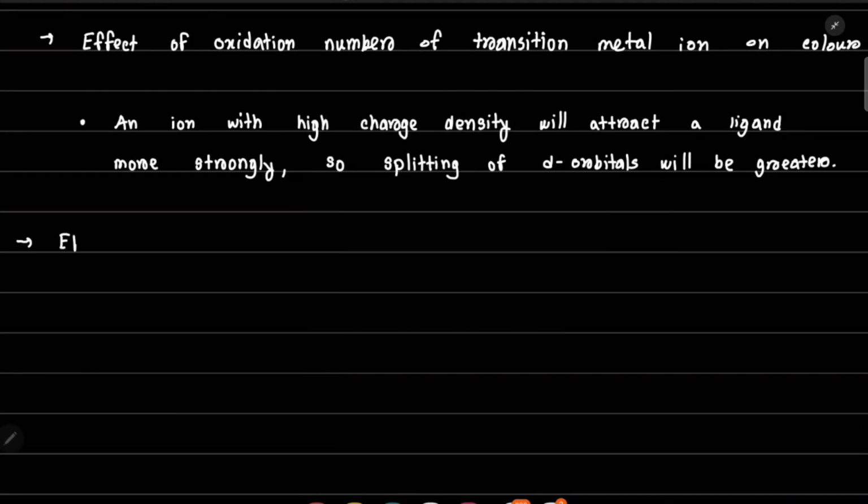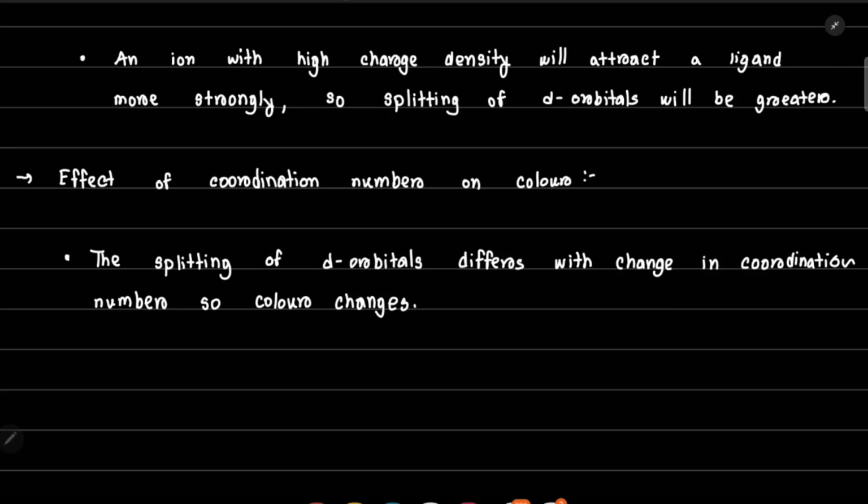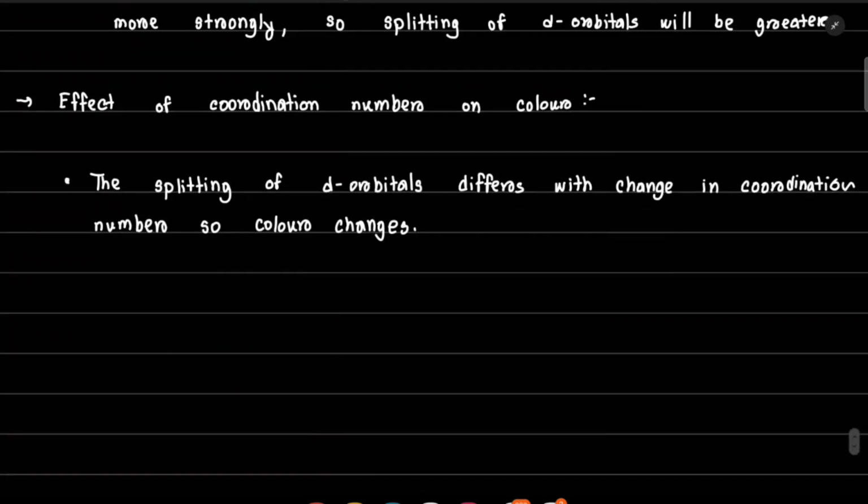The other effect will be due to the change in coordination number. For the effect of coordination number, we don't have to remember the details or understand why it happens, but we have to know that the splitting of d orbitals differs with the change in coordination number, and that's the reason behind the color changing.